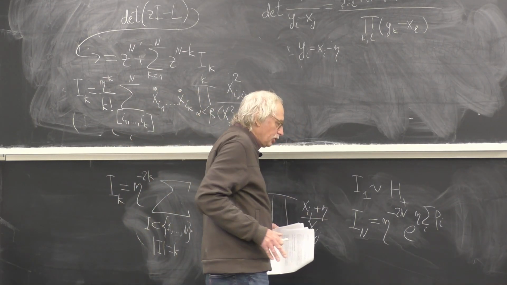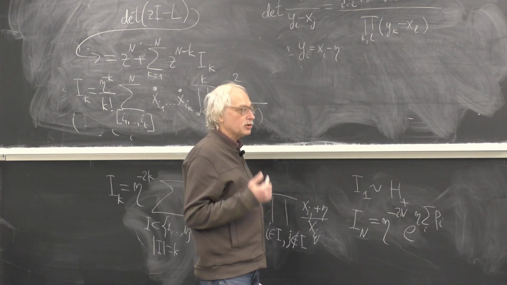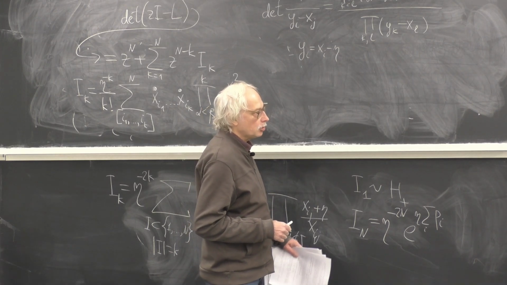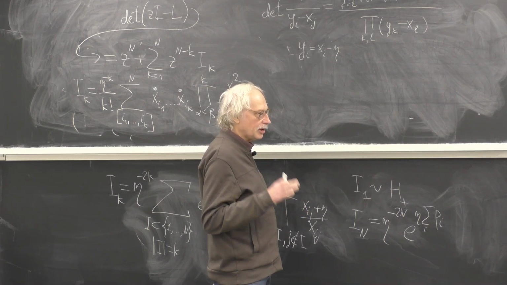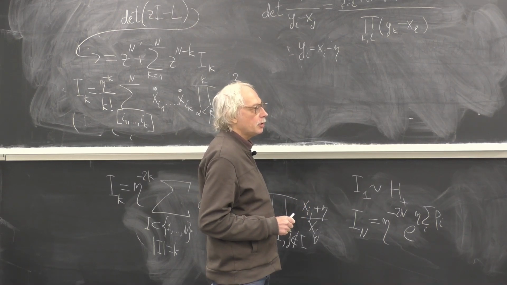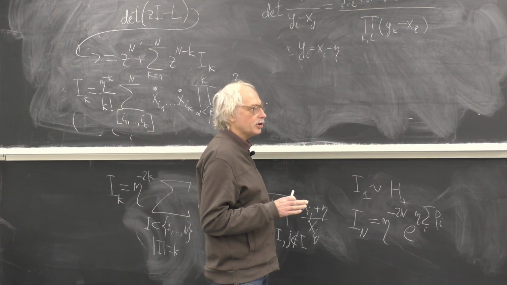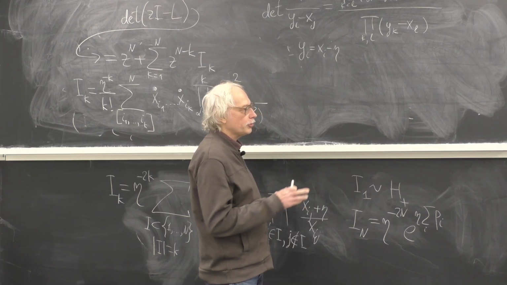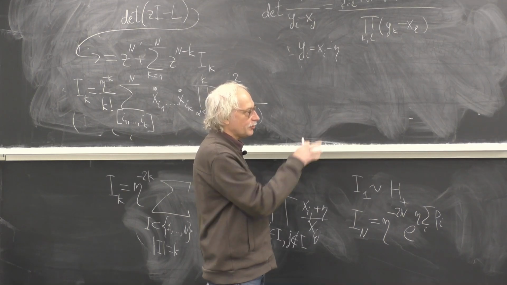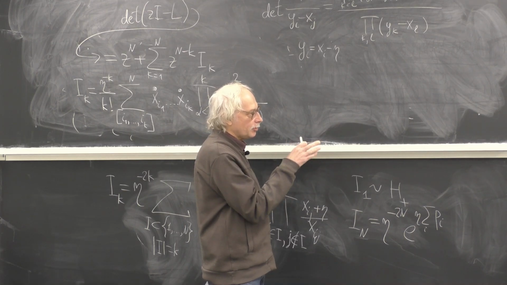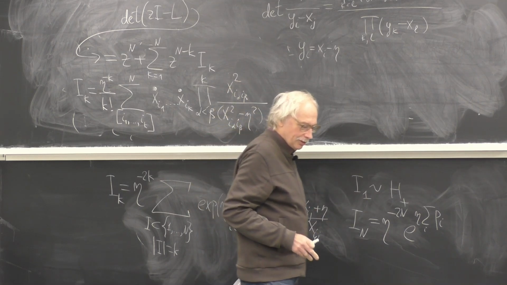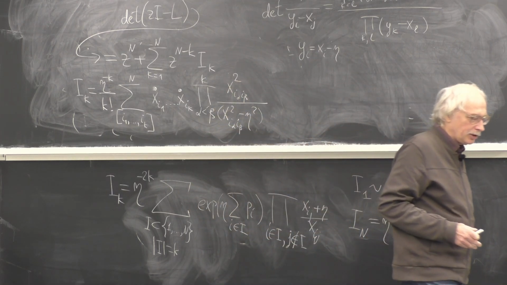All these integrals are independent, and it can be shown that they are in involution. This was done by Ruijsenaars, however, not in a direct way, because calculating the Poisson brackets between these quantities is a very complicated problem.